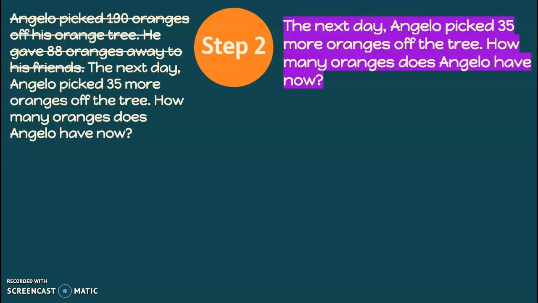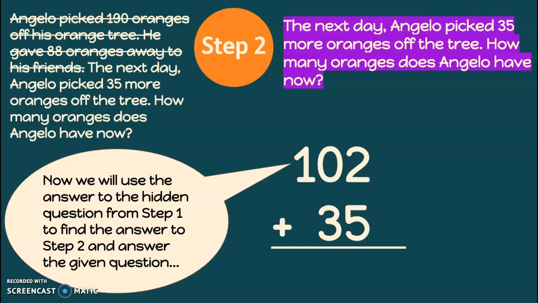If you said add, you are correct because he picked more oranges off the tree. Let's set up our problem. So now we're going to use 102, the answer from our hidden question in step 1, to find the answer to step 2 and answer the given question of how many oranges Angelo has now.